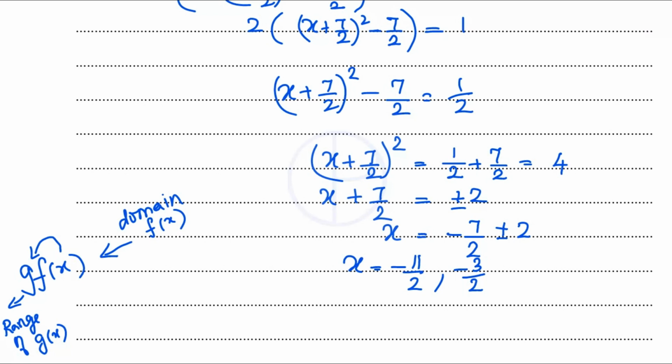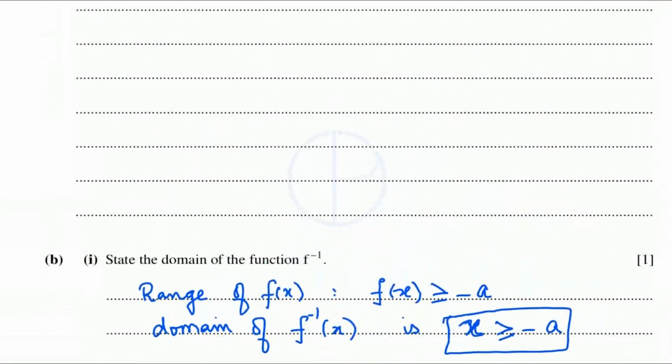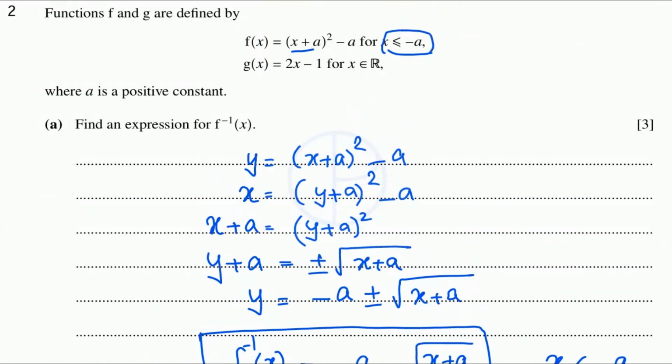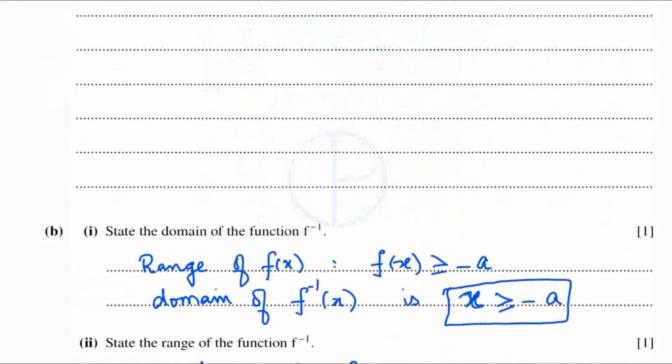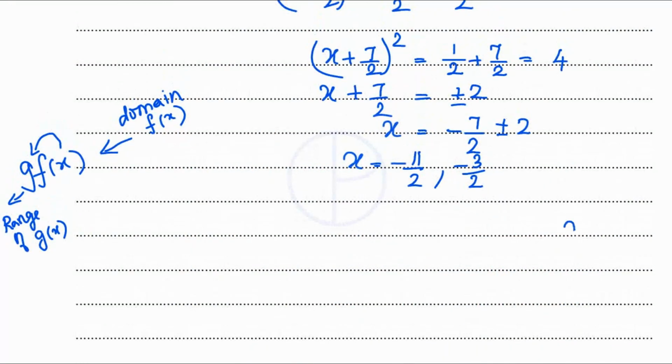Okay, the x is nothing but the domain of g f of x, which is equal to the domain of f of x. What is the domain of f of x? Domain of f of x is x less than or equal to minus a. So x is less than or equal to minus 7 over 2.